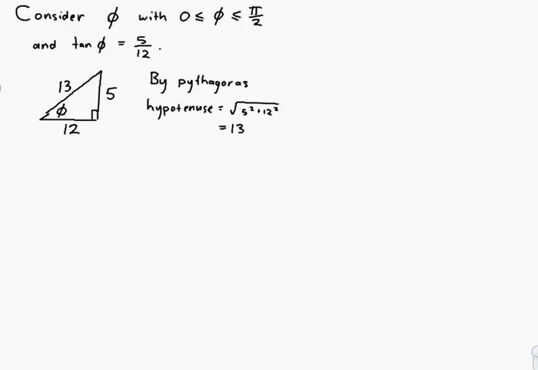Okay, so because of this picture, we can see that sin phi is opposite over hypotenuse, so 5 on 13, and cos phi is adjacent over hypotenuse, so 12 on 13.